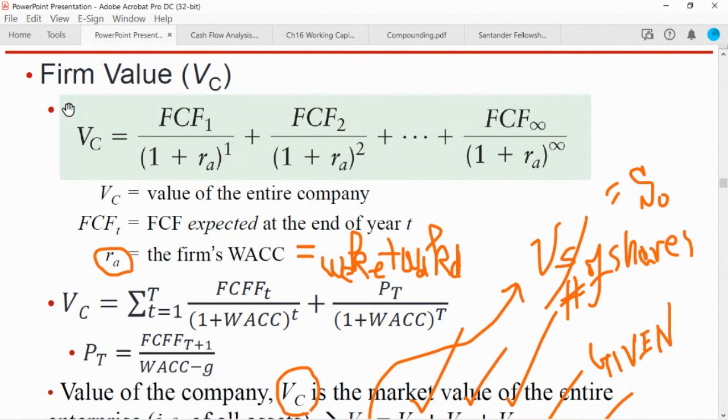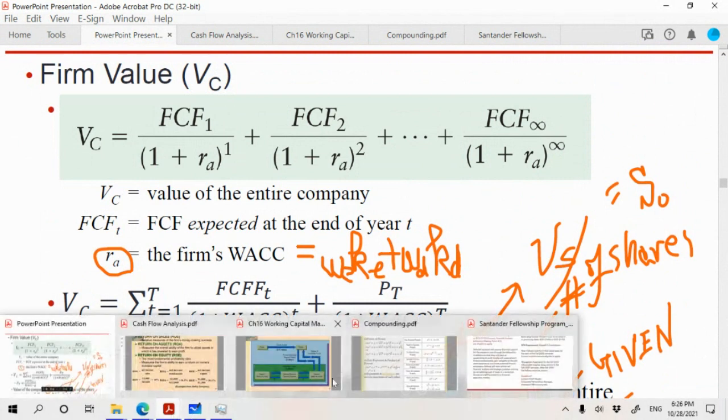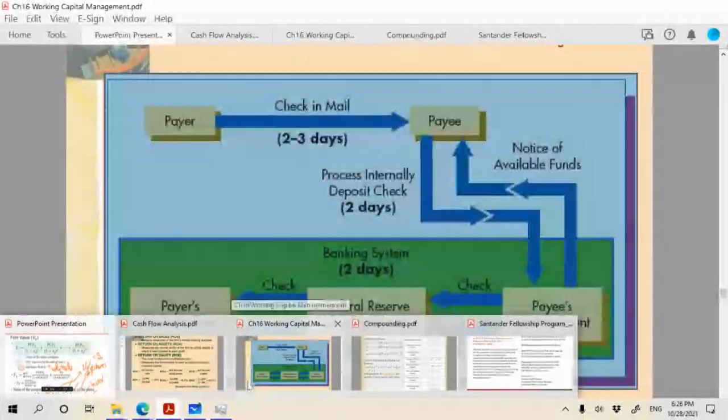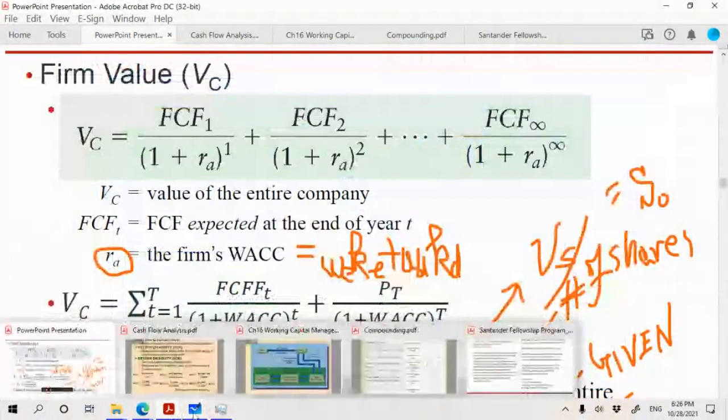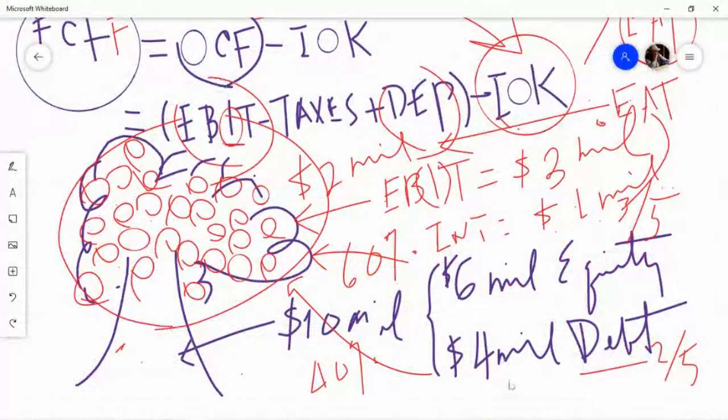If you discount them to present, that's called firm value, value of the company. Yes, what's the value of the company? Now, I've been telling you, there are three different valuations, three different values.